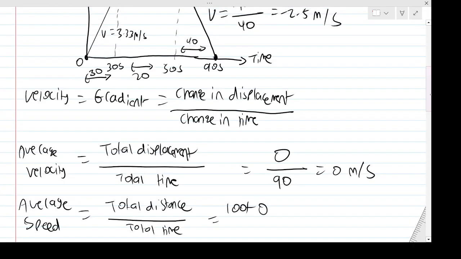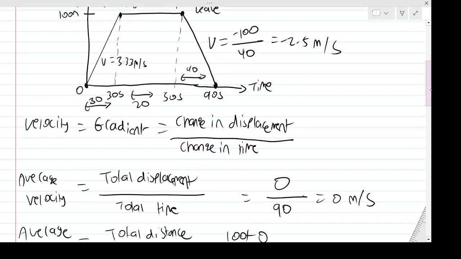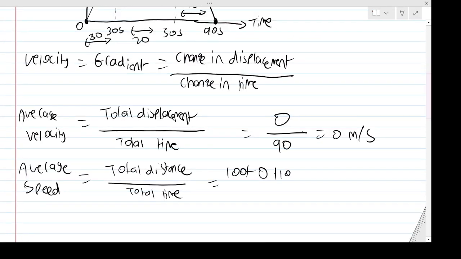But at this point here, he has walked from the shop to the home. Now the displacement would be negative 100 because he's going the negative way from the shop to the home. But the distance, he still walked 100 meters, right? The distance still is 100. So the physical distance is 100. So we add on 100.